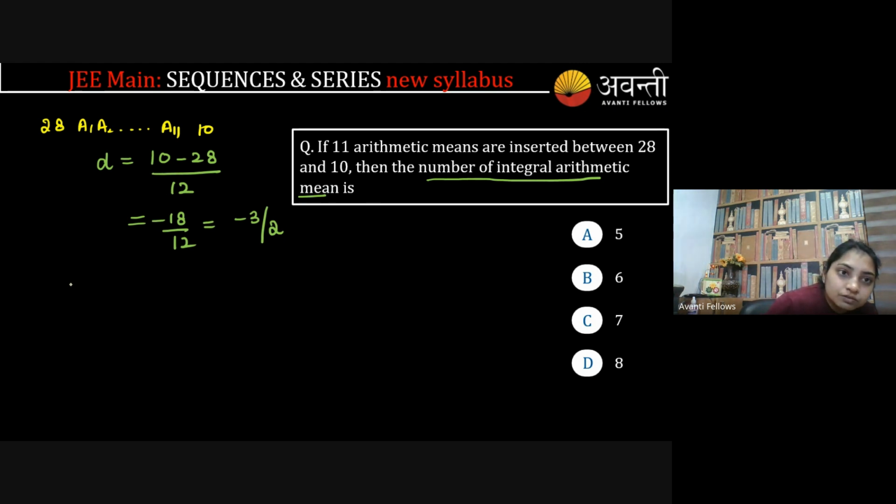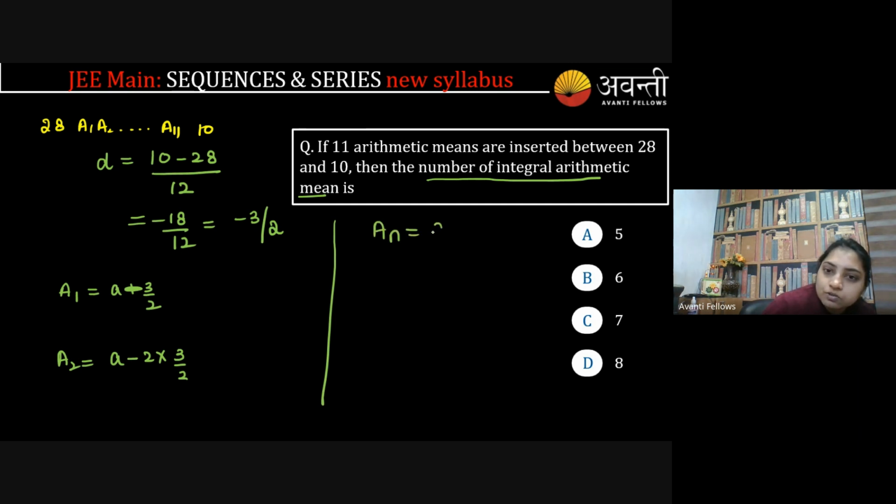So if you write the generalized formula for the arithmetic mean, A1 is equal to A plus D, that means minus 3 by 2. Then A2 must be A minus 2 into 3 by 2 and so on. So generalize, you can rewrite it as An is equal to A plus nD. It means An is 28 minus 3 by 2 n. Right, bachcho?